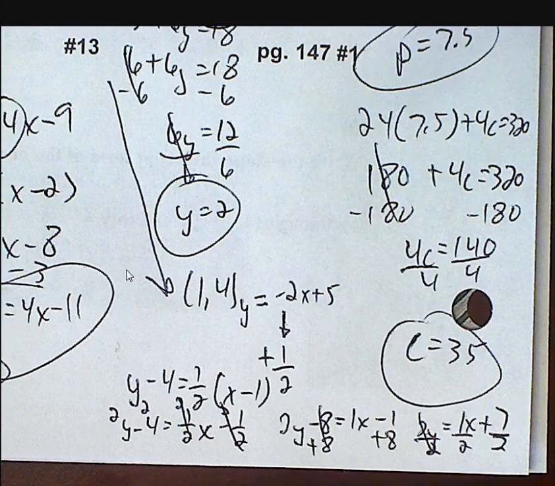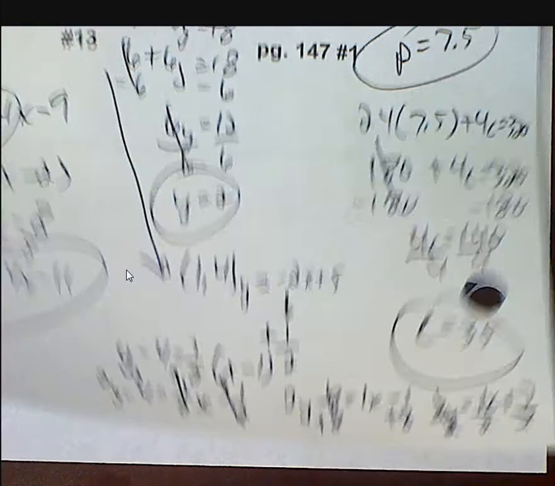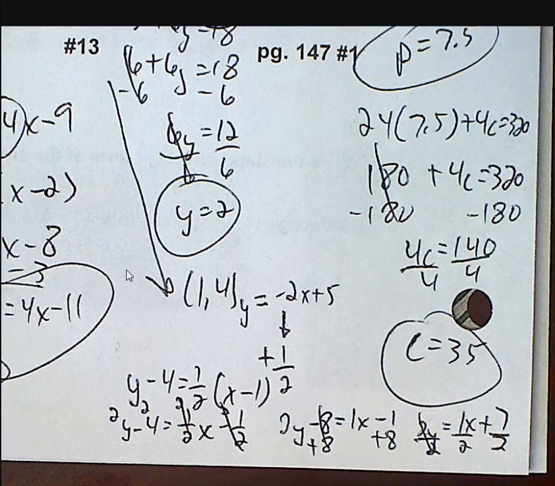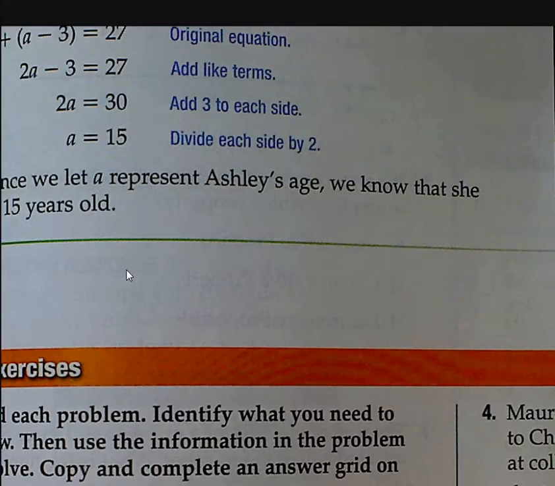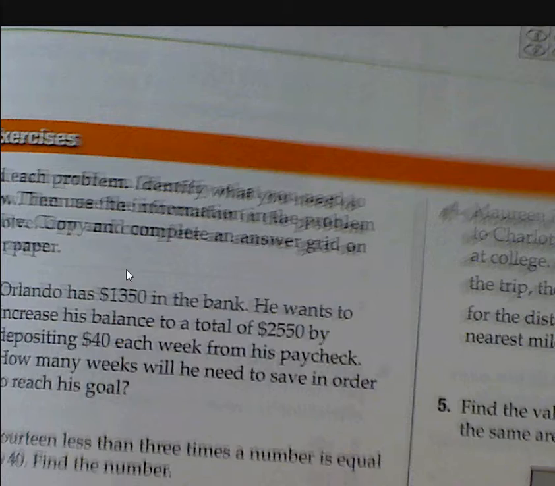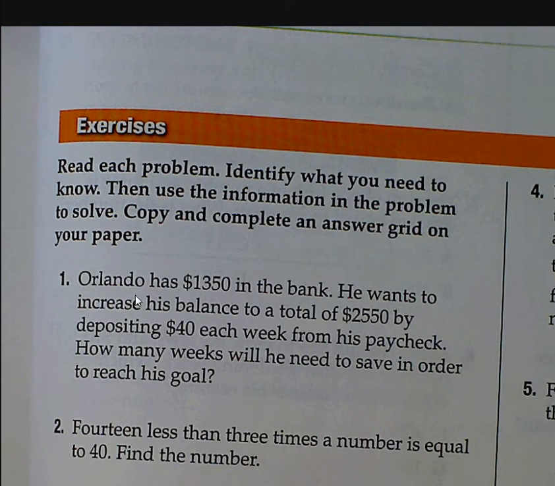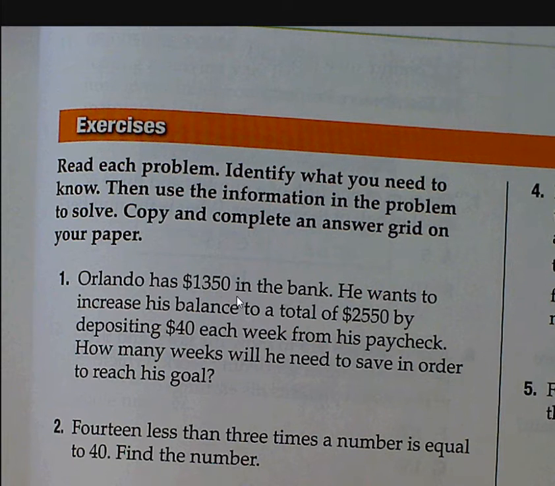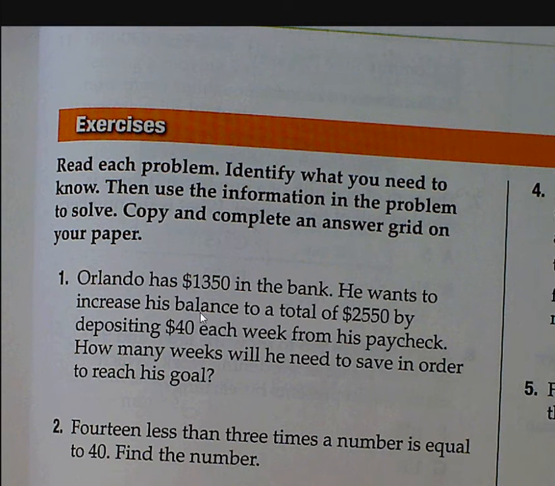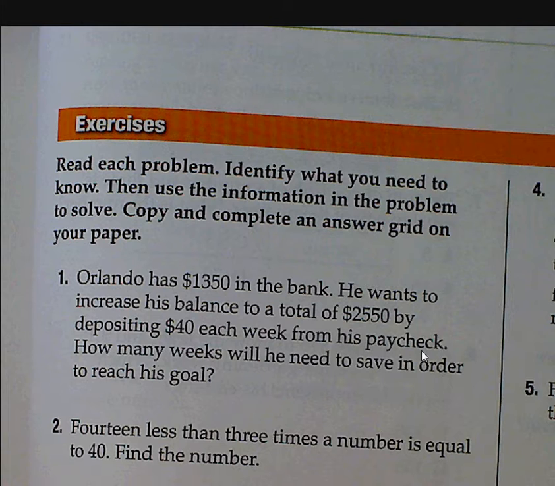Page 147, number 1. Pause the video and read the problem, please. Okay, Orlando already has $1,350 in the bank. He wants to increase his balance to this total by depositing $40 each week.